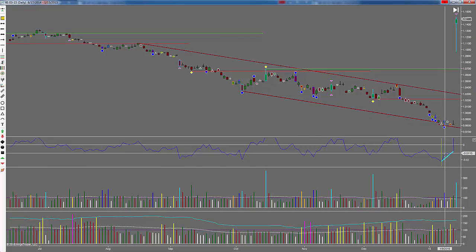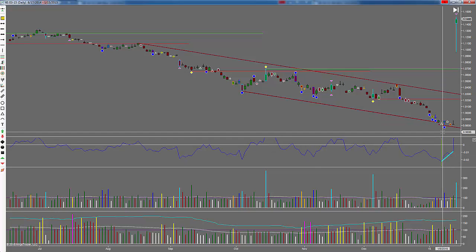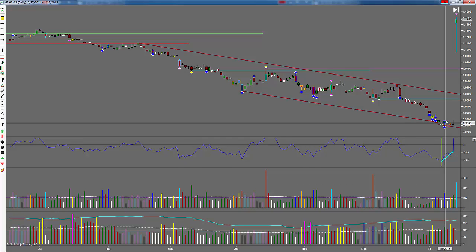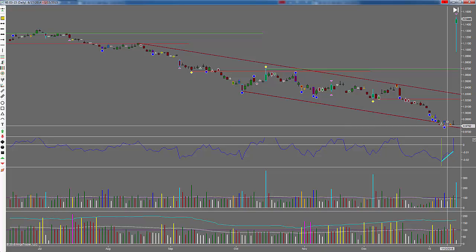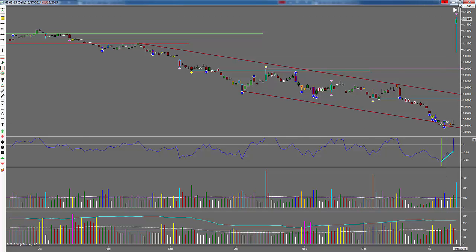You don't have very high volume there like you would see on other contracts, like equities or stocks or the index futures, or crude oil. But it is a decent low right at the bottom of a channel.